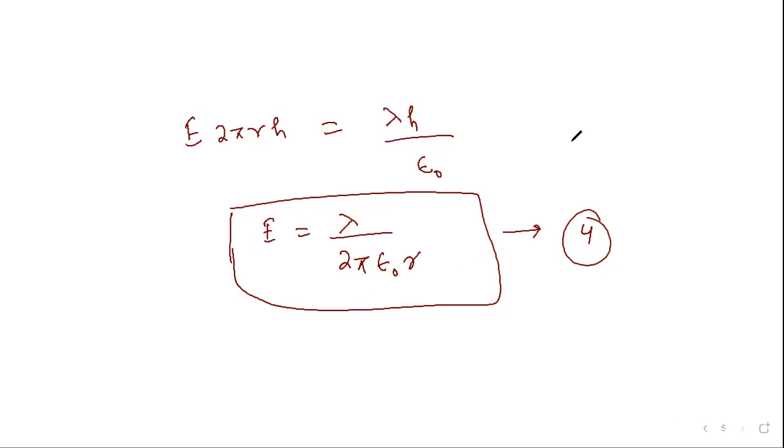So the idea is, if I have a finite line of charge, that means a line of charge with a certain length, and my point of observation is close to the line and away from its ends, then that finite line of charge will behave approximately like an infinite line of charge, and this equation can be used as a good approximation for that case also, right?